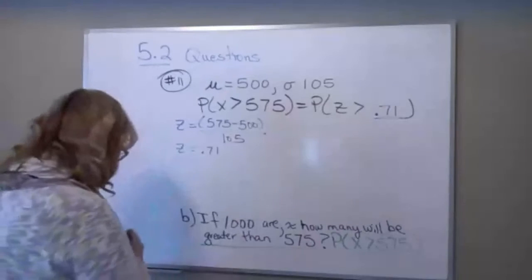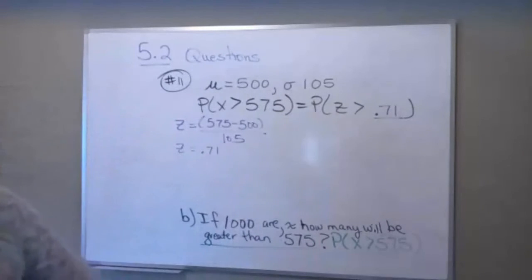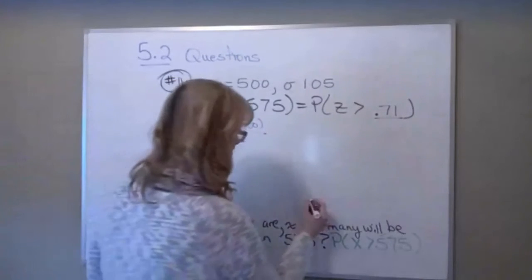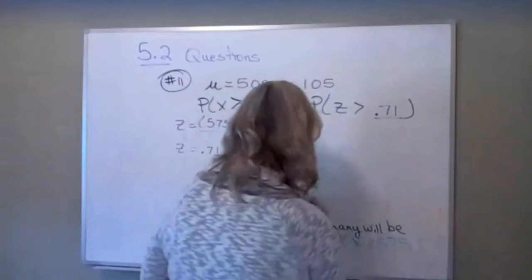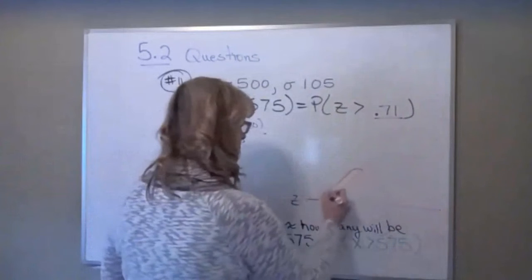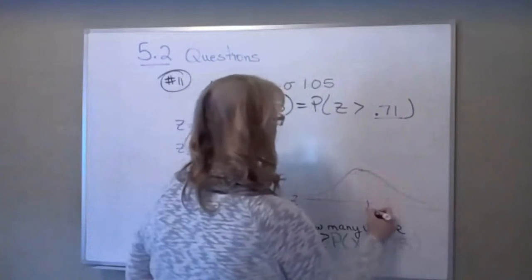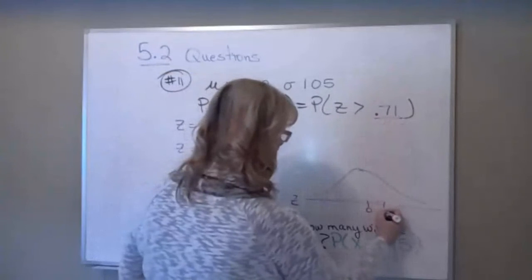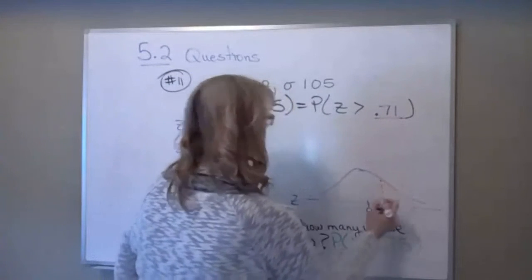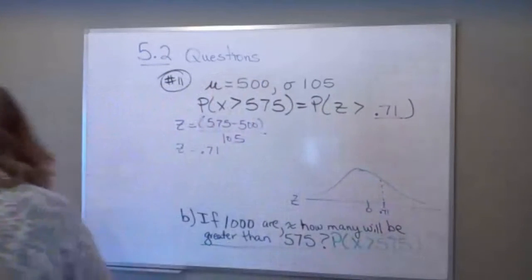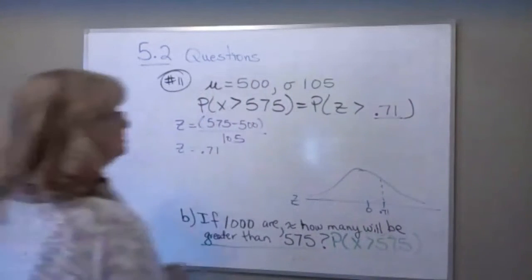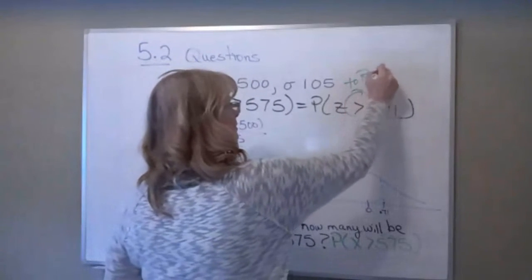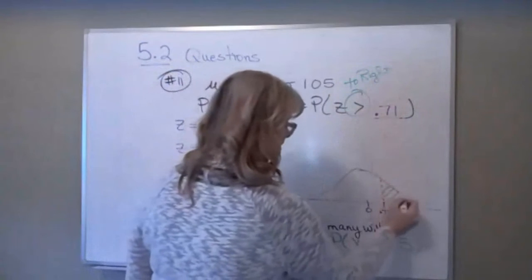Okay. Then drawing the picture. I'm going to draw the picture here down low. Here's 0. The Z-score was 0.71, so put it over here to the right. And since we're talking about greater than, that means to the right. So I'm going to shade this area.